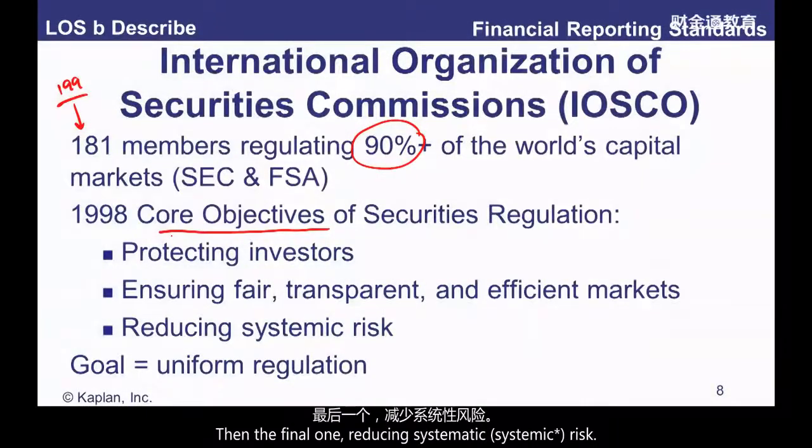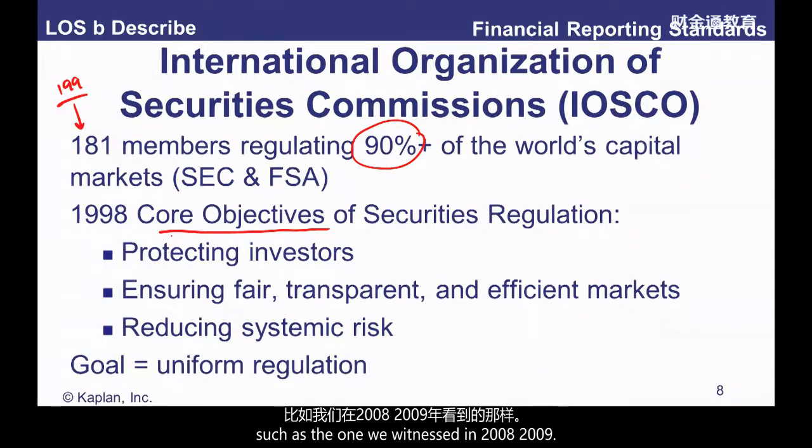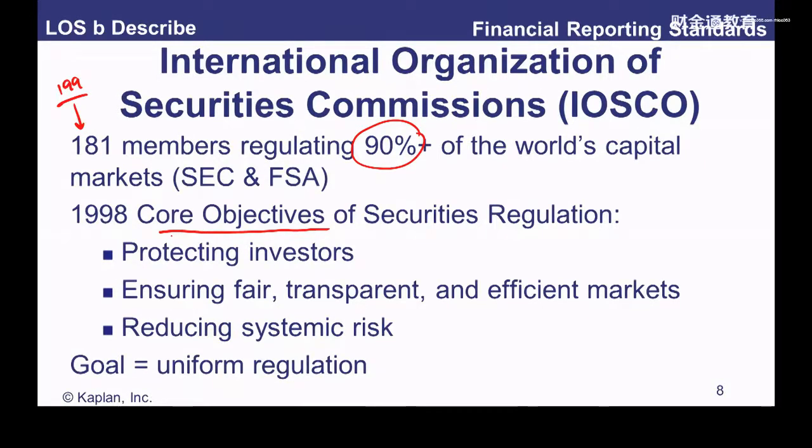And then the final one, reducing systematic risk. So in other words, reducing the risk of banking collapses such as the one that we witnessed in 2008, 2009. So very important that you take in those core objectives.